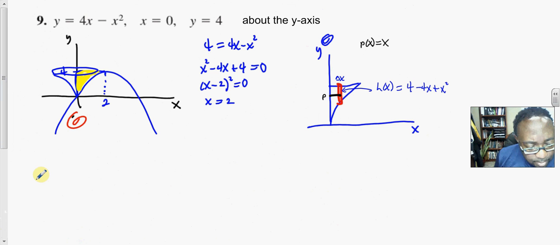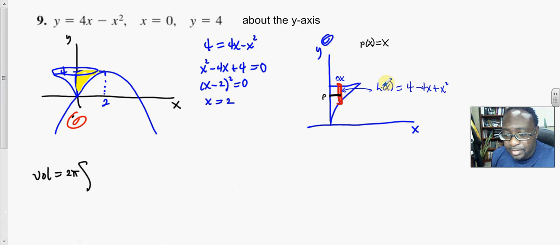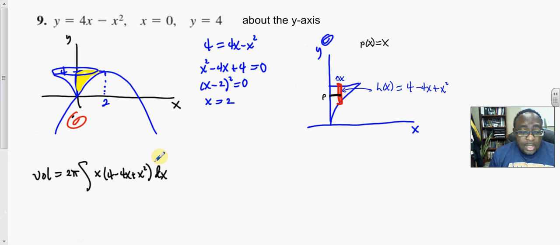So now the volume can be found. This is 2 pi times the integral of p of x times h of x. This is x times (4 minus 4x plus x squared) dx.